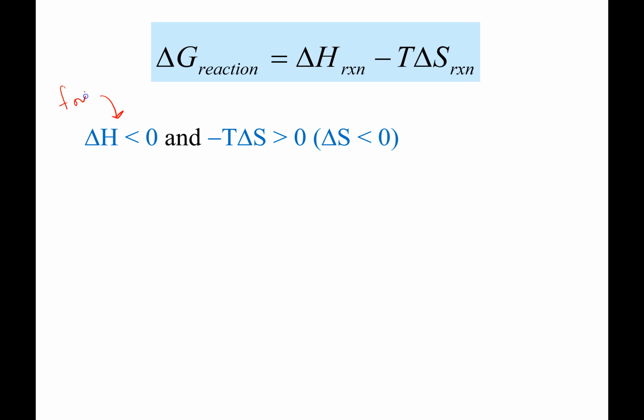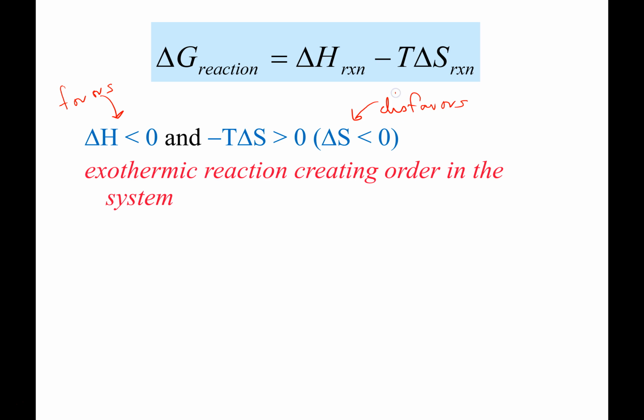I'll just put favors, and I'll just put the word disfavors here. It's a mixed bag, and it kind of depends. So it's exothermic, dispersing energy, but it actually has matter coming together because your entropy is decreasing. So it might be spontaneous, okay?